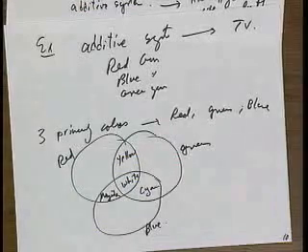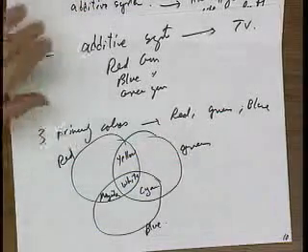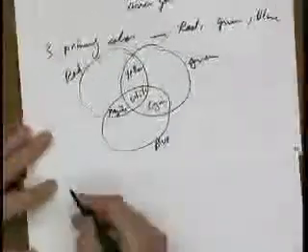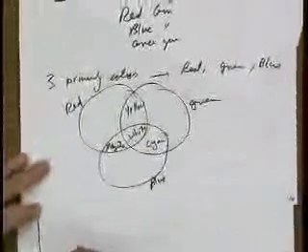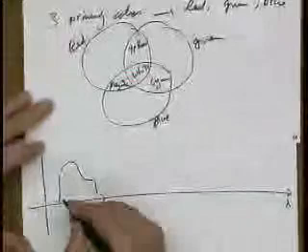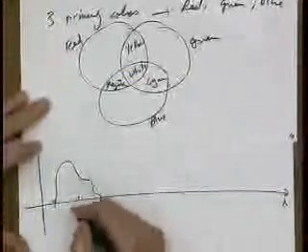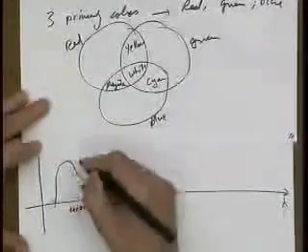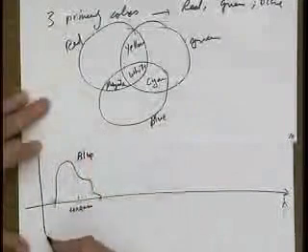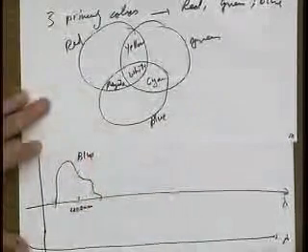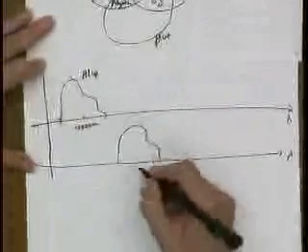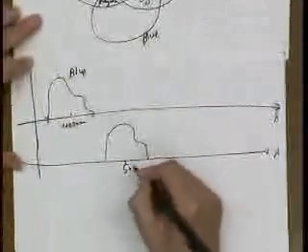Okay. So for example, as a function of lambda, if I have a blob here around 400 nanometers, this is blue. Then if I have a blob around 500 nanometers, that's green.